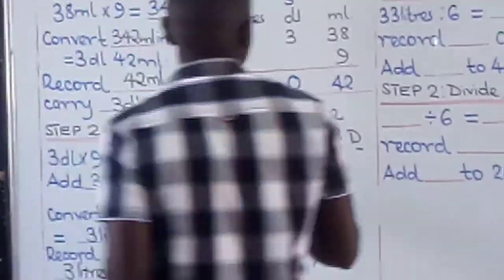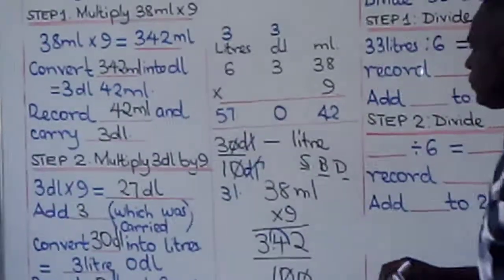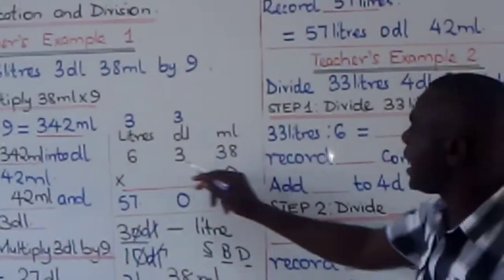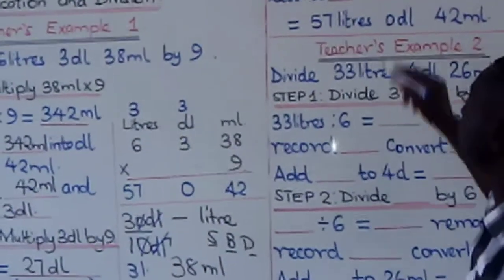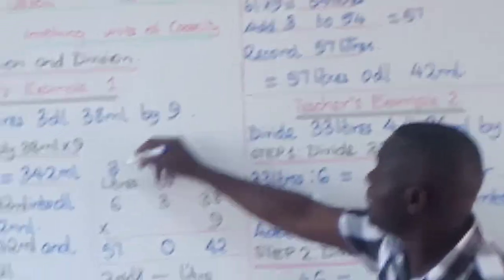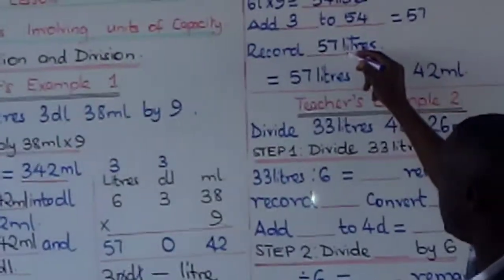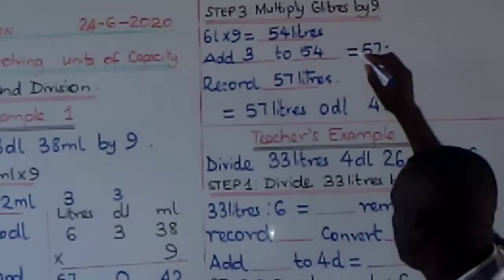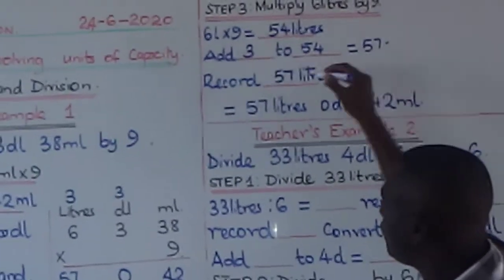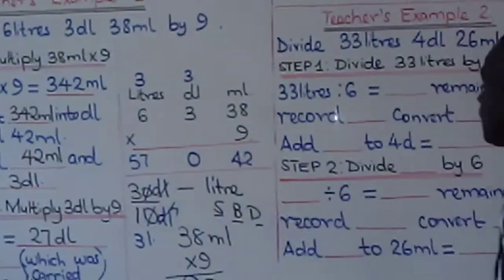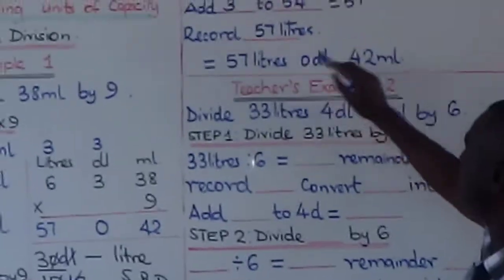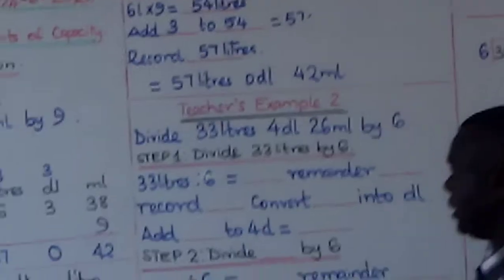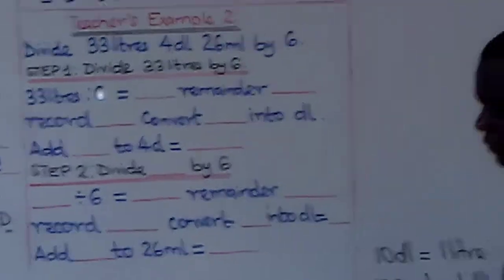Then we write it above there. And so we multiply 9 by 6. We get 54 and add 3 liters that we had carried to get 57. And so we record 57 liters there. And so what is the answer now? 57 liters, 0 deciliters, 42 milliliters. That is the first example.